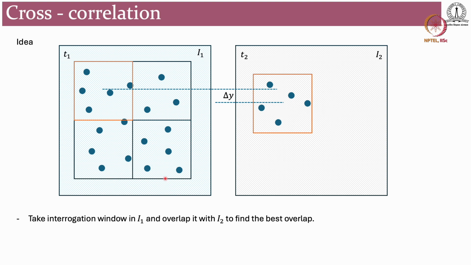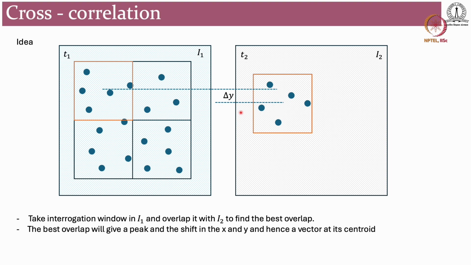So the basic idea is you take the interrogation window in I1 and overlap it with I2 to find the best overlap, and this best overlap, as I told you, will give a peak and the shift in x and y of this interrogation window. If you get the x and y shift values, then you can get a vector at the centroid of this interrogation window.